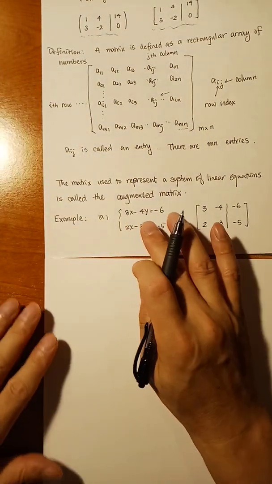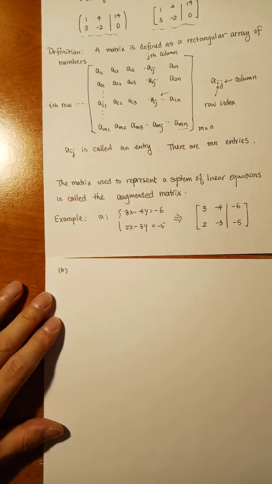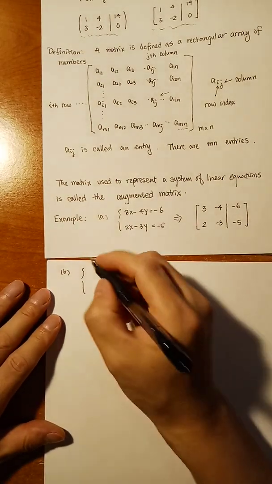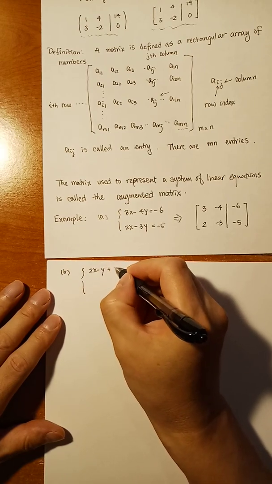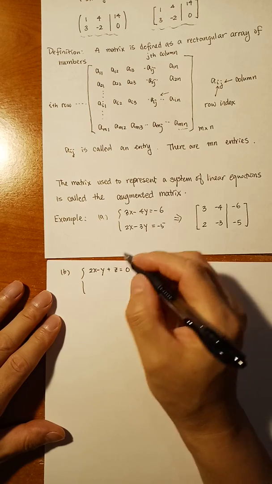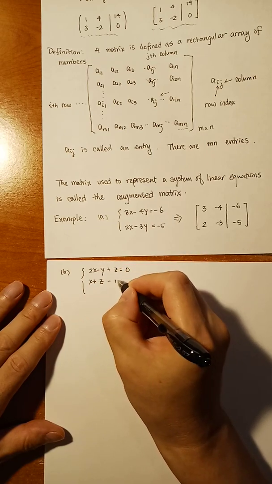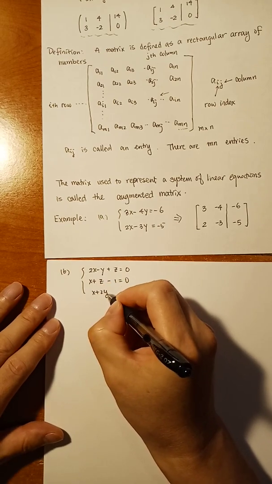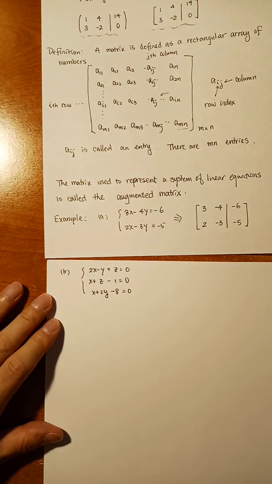This is two equations of two variables. If you have, for example, three equations of three variables, 2x minus y plus z is equal to 0, x plus z minus 1 is equal to 0, x plus 2y minus 8 is equal to 0. All right?